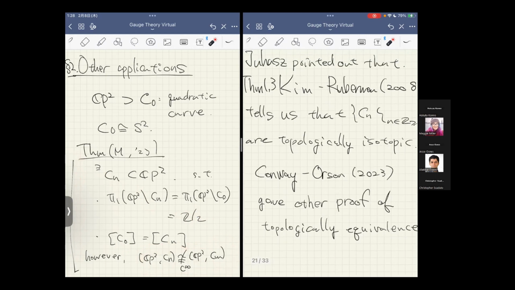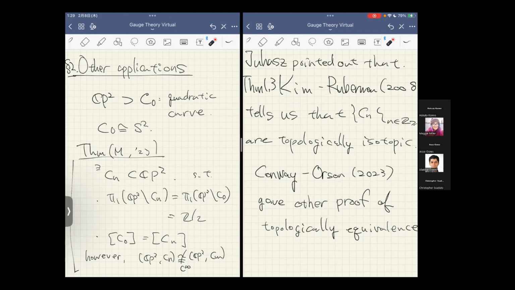And after I submitted my paper to the arXiv, Andras Juhasz pointed out that using the result of Kim and Ruberman, we can prove that these embeddings of S2 are topologically isotopic.